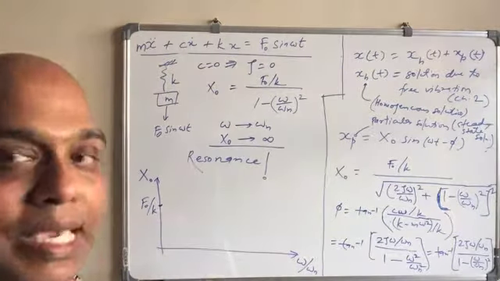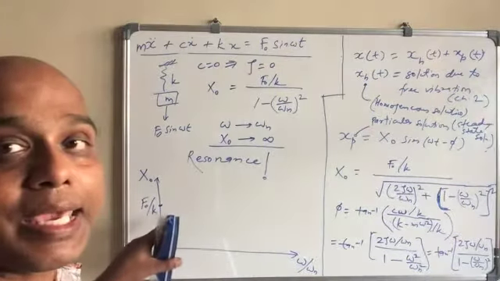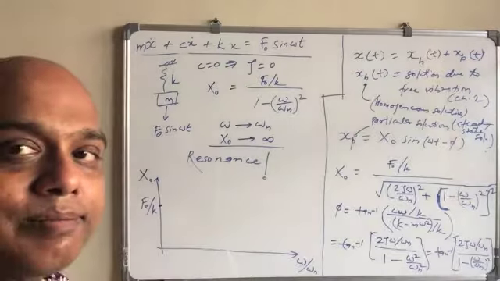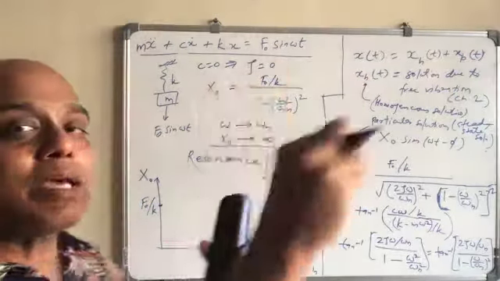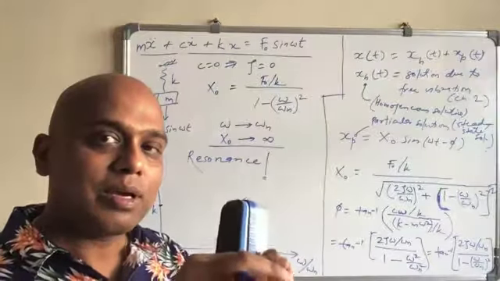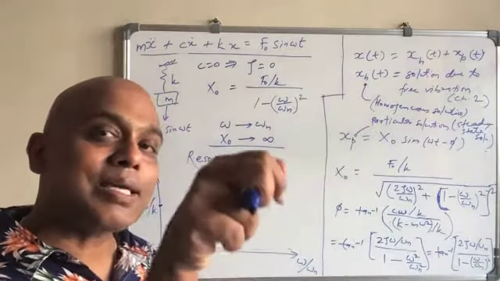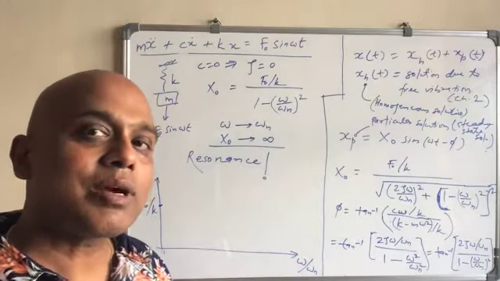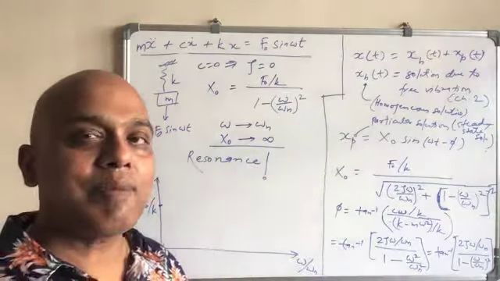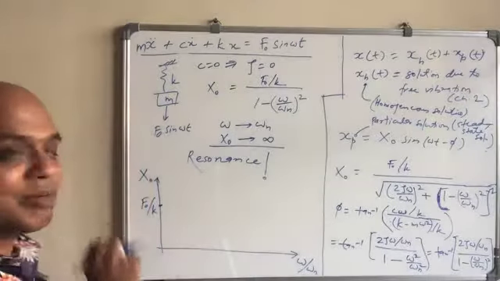Because F naught over k denotes the static displacement. It is something like a spring mass damper system, where you just apply a static load F naught and leave it for some time, so you get the final displacement equal to F naught over k.